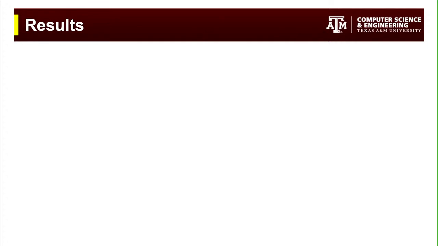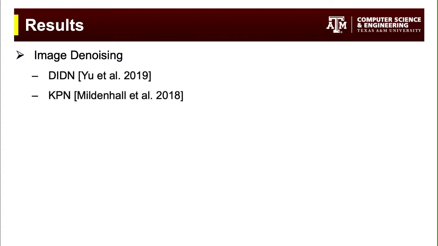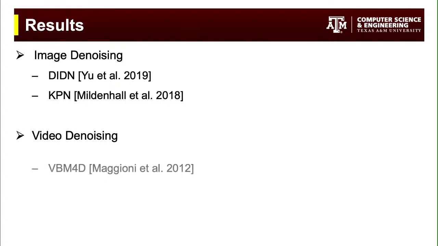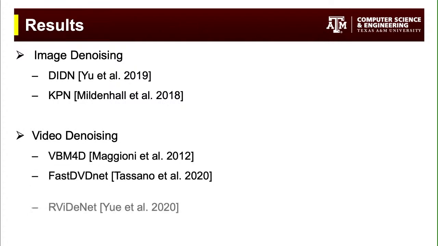Now let's look at our results and comparisons against state-of-the-art methods. Specifically, we compare our method against the image denoising approaches, DIDN and KPN. We also compare against the video denoising methods, VBM4D, FastDVDnet, and RVDnet.